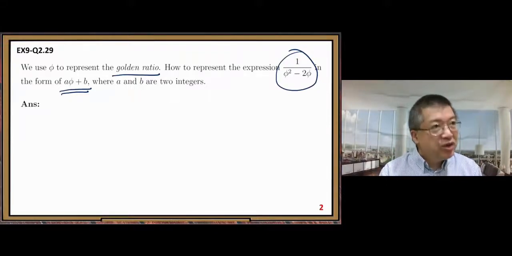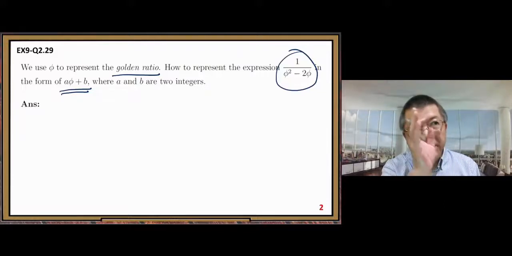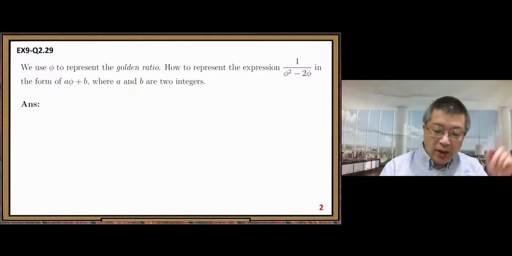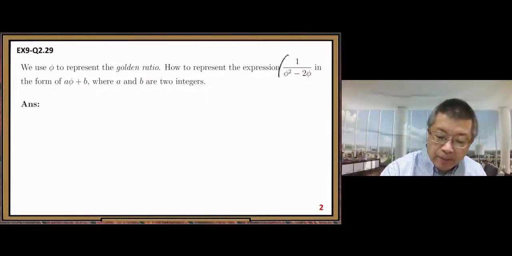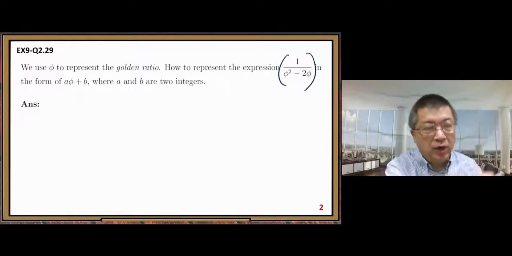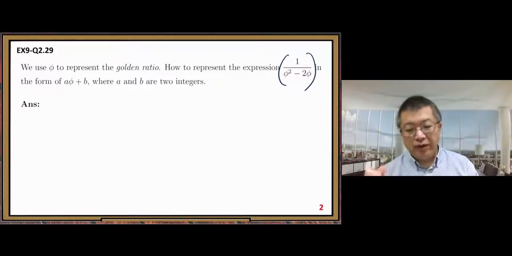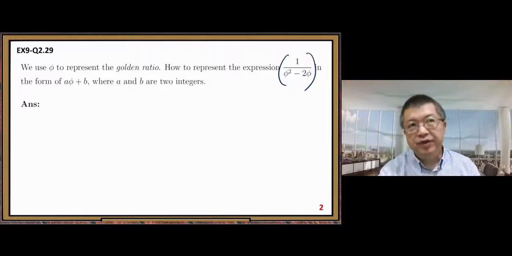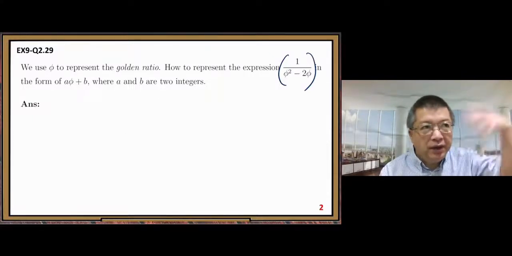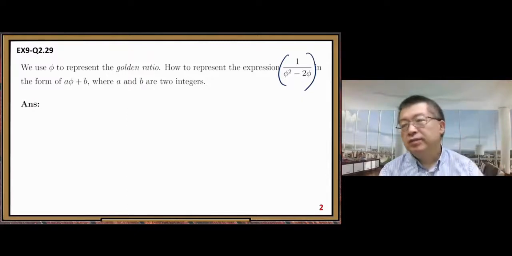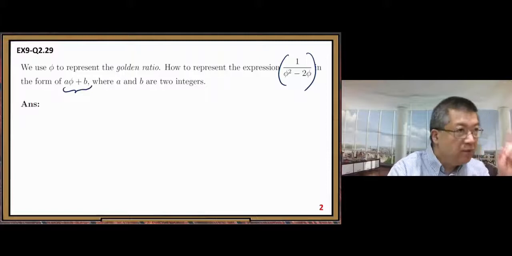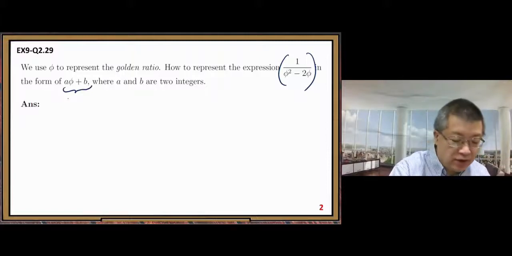But to do it, you need the key properties of the golden ratio. We are given a fractional form of the golden ratio, 1 over phi squared minus 2 phi. Our goal is to represent it in a linear form, a phi plus b. So this is a linear form.